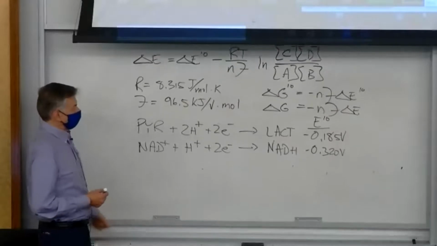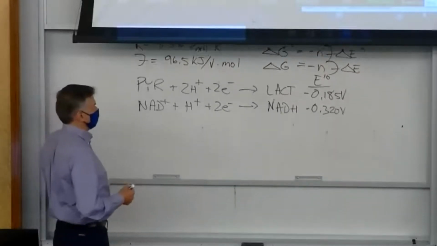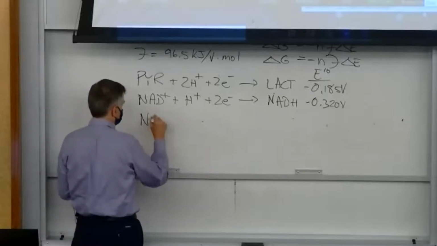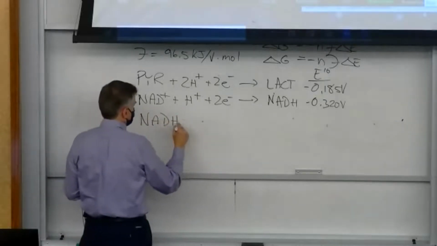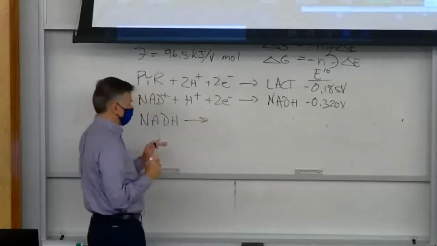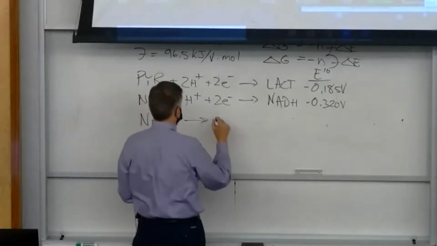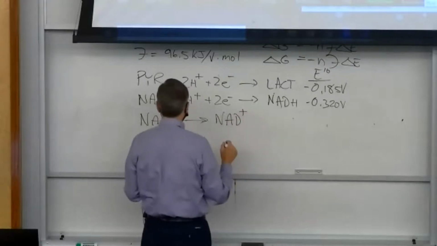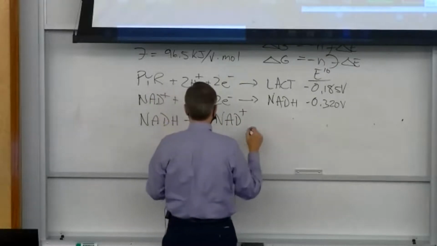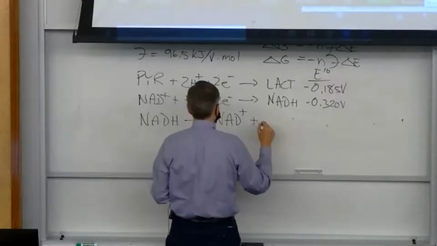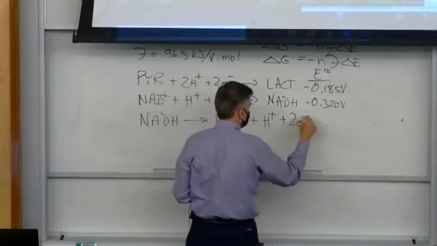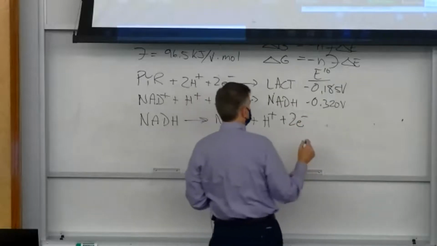Now notice, let me move this up here a little ways. I'm going to reverse this such that it now reflects an oxidation. So this is going to lose a hydride, and that is 2 electrons.